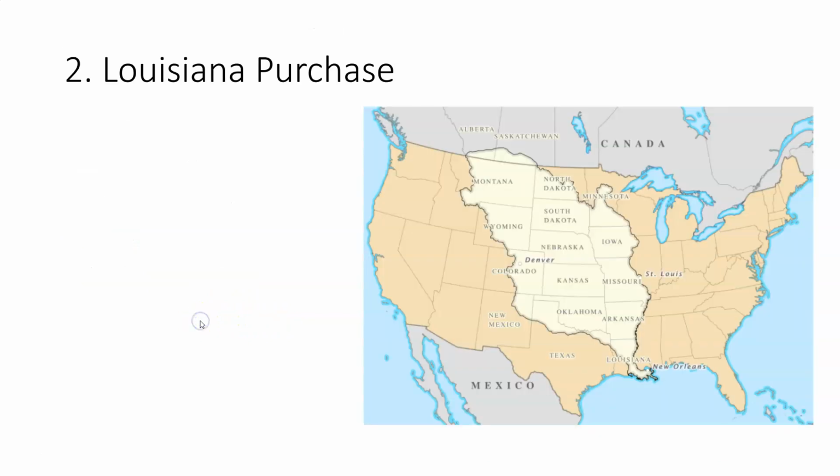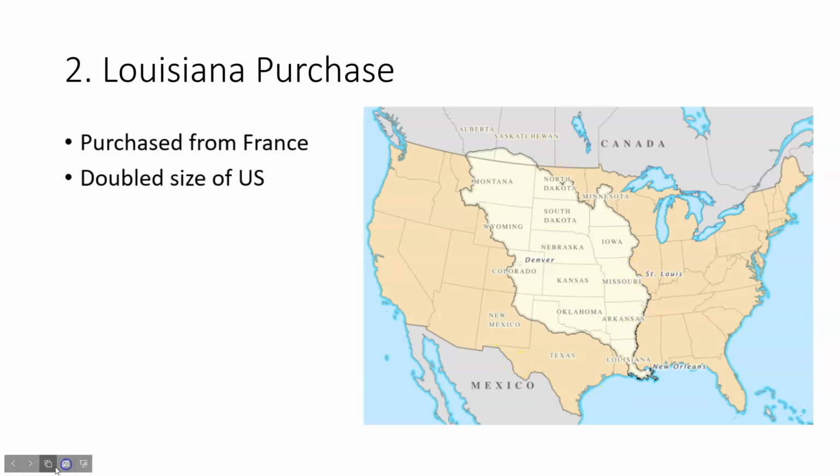The second pillar of early American foreign policy is the purchase of land, the Louisiana Purchase, which we talked about. As you can see here, it doubles the size of the United States. At the time, in 1804, the United States boundary ended at the Mississippi River. That's the Mississippi River, and this area here is the purchase.